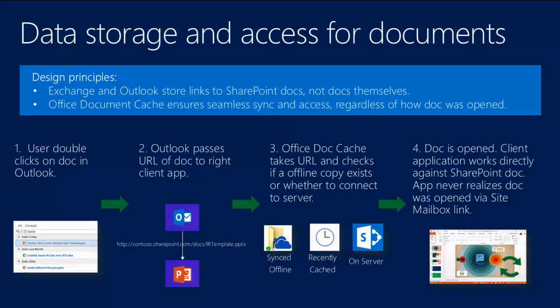Again, if you need an offline story, you need to take the SharePoint library, the documents, offline, and then the app will find the document in the local cache. And then the document is opened, and the client application works directly against the SharePoint server. So documents are never, ever stored in Outlook and Exchange except for the publishing flow.